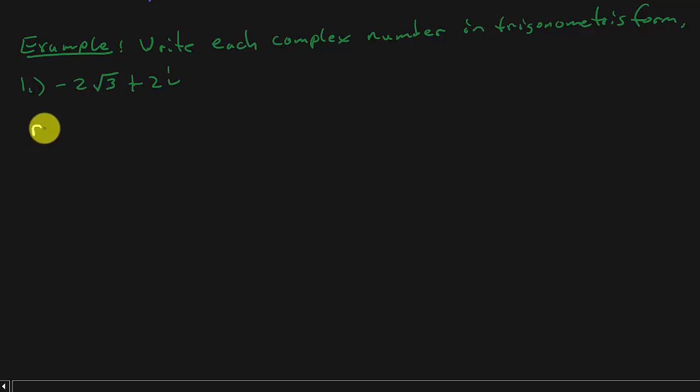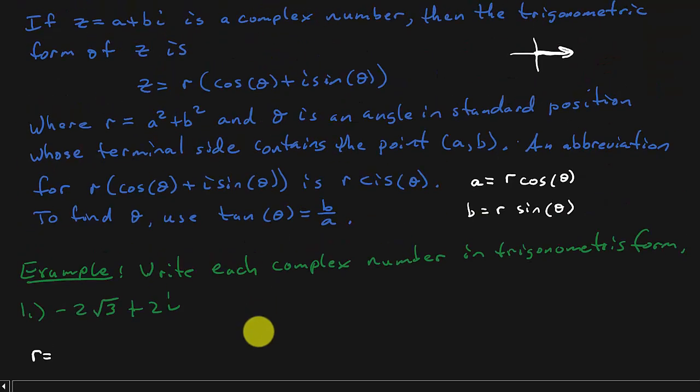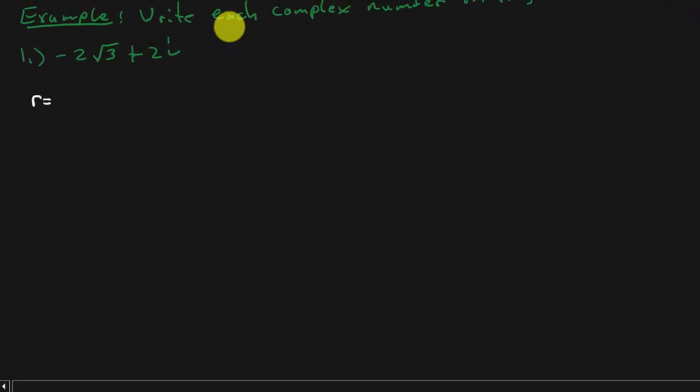So r is equal to, remember, the square root of a squared plus b squared. So a, that's -2 square root of 3, squared, plus b squared. Well, what's b? b is 2. Remember, b is the number in front of i. So that's 2 squared. And so what does this equal?